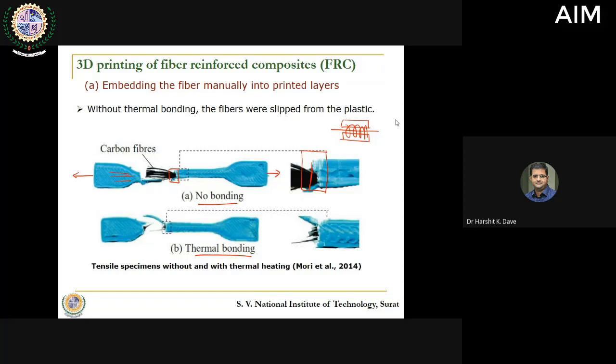So that resulted in a case where, when the tensile testing is carried out and this is broken, it is found that along with the polymer, this can be seen over here, the polymer also breaks and the fibers also break. The fiber did not come out from this portion. It is evident over here.